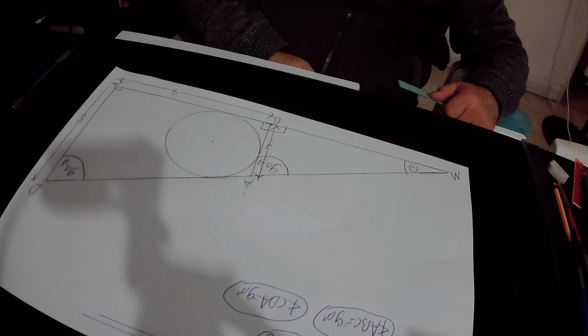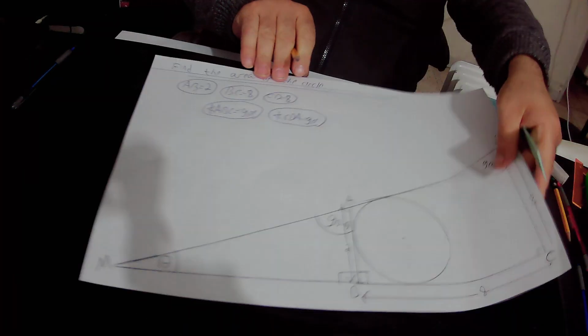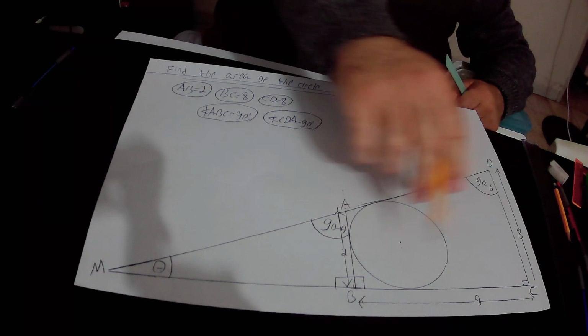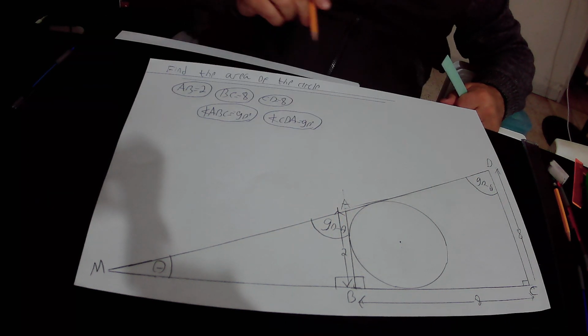Okay, so in the next step we will prove that the big right triangle DCM is similar to the small right triangle MBA. So I write it down.